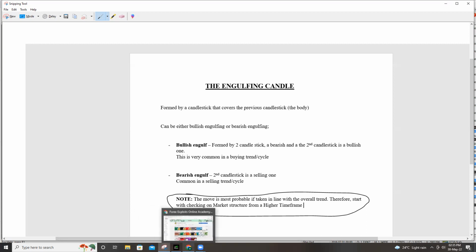We are almost to June. The first half of the year is almost coming to an end, and you want to know what to do in the coming month. Just go to your daily time frame and check on market structure. That will really be a good guide.